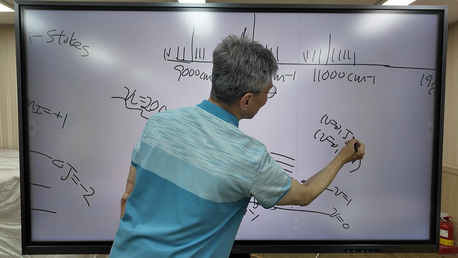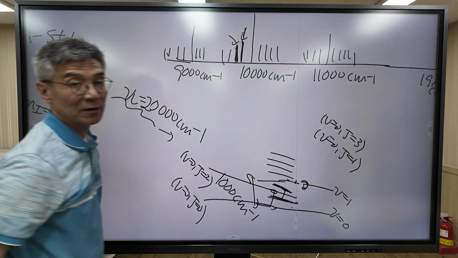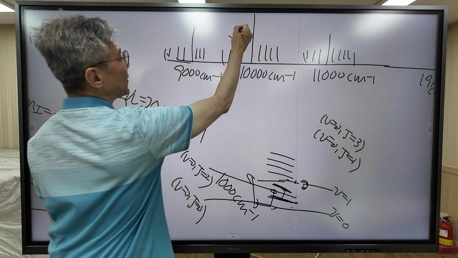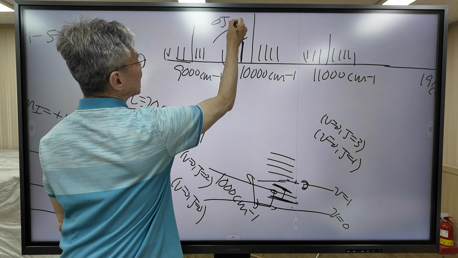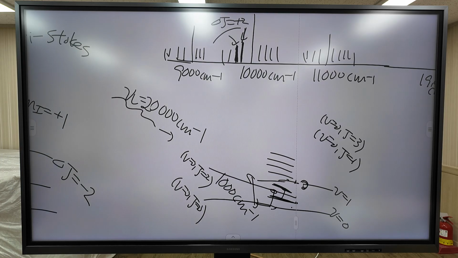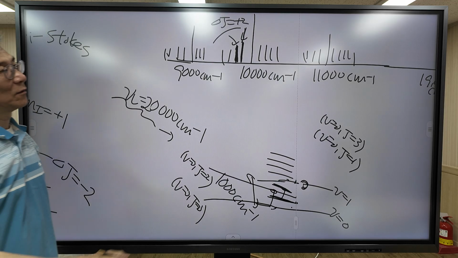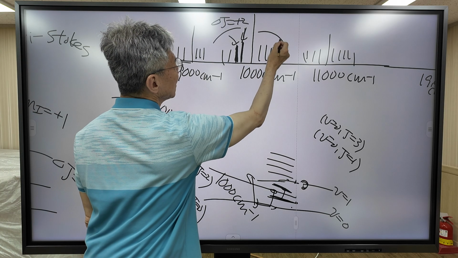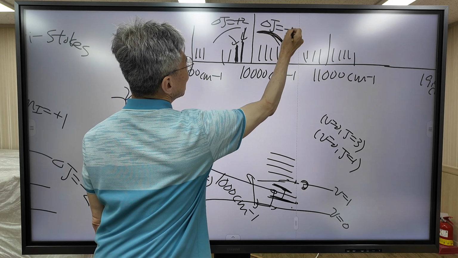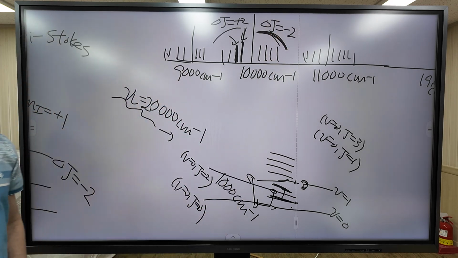V equal 0, J equal 3. Okay. So this peak corresponds to delta J equal plus 2 transition. What about this transition? This transition corresponds to delta J equal minus 2 transition.